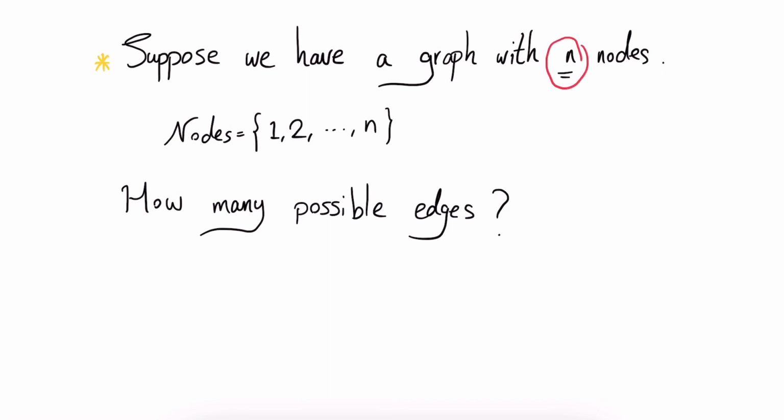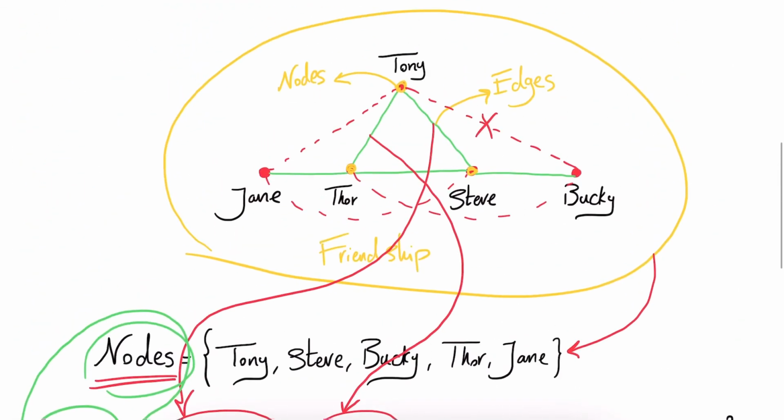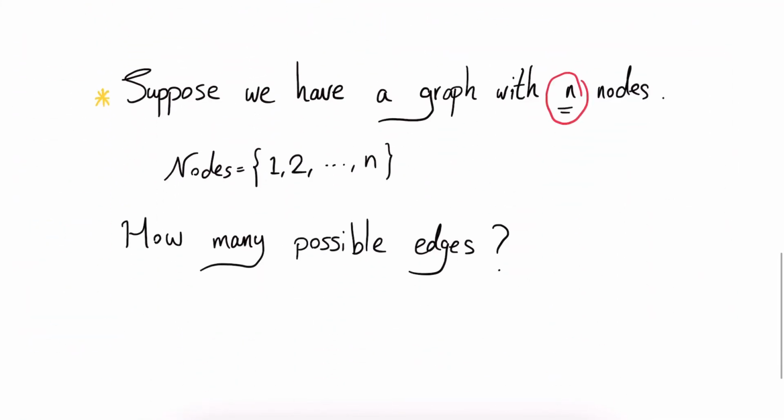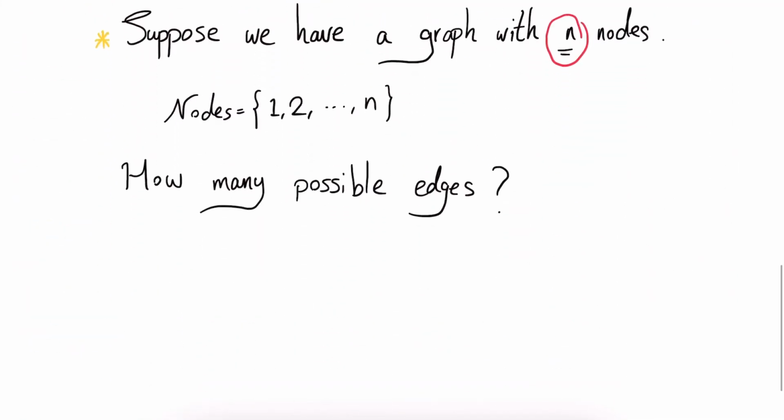And when we know that a graph has n nodes, instead of assigning a name to each of the nodes like we did here, Tony, Jane, Thor, Steve, and Bucky, we can assign numbers. So our nodes are now named from 1 to n. So we have node 1, node 2, node 3, and so on until node n, depending on what n is.